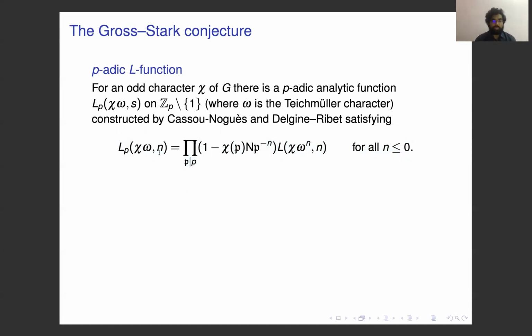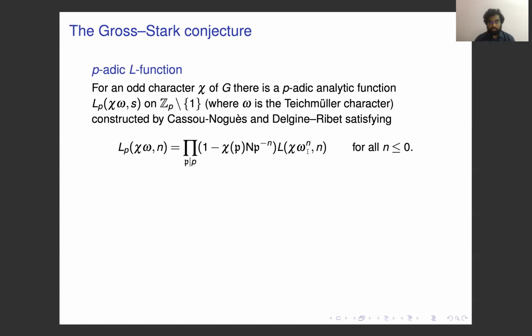What's the interpolation property? If I put s equal to any non-positive integer n, I get the usual L-value of chi omega to the n. Omega is the p-adic Teichmuller character here. At this non-positive integer n, I get this L-value out of it. And these L-values are all non-zero because chi is odd and omega is odd.